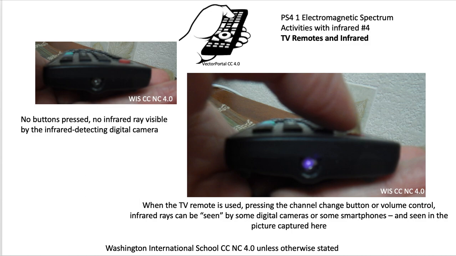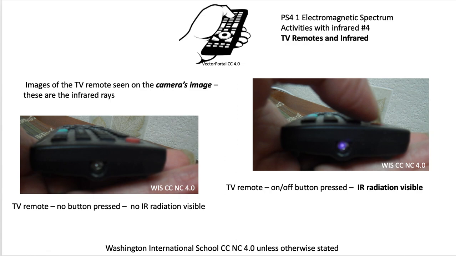So, smaller left-hand image, no buttons pressed, no infrared ray visible by the infrared detecting digital camera. And when the TV remote is used, here the on-off button is pressed, the infrared rays can be seen by this digital camera, and some smartphones, my iPhone 12 doesn't, and capture the image with it here.